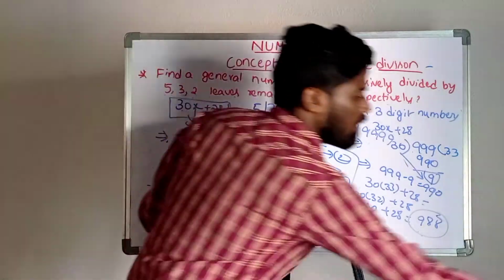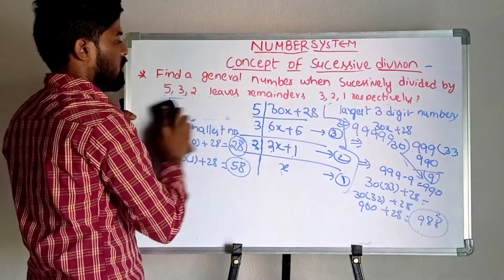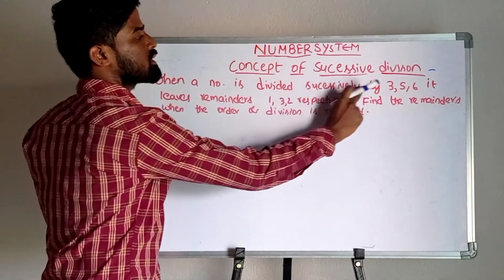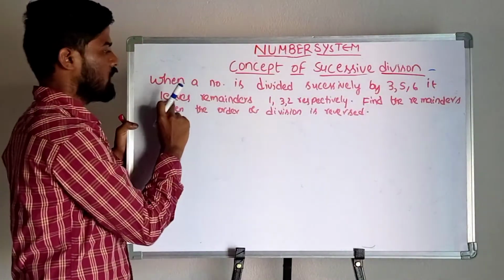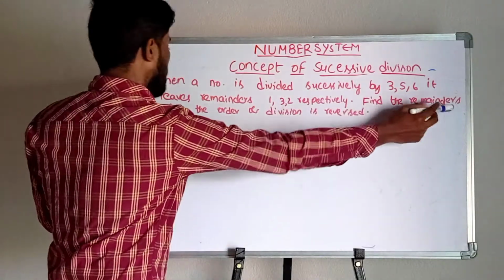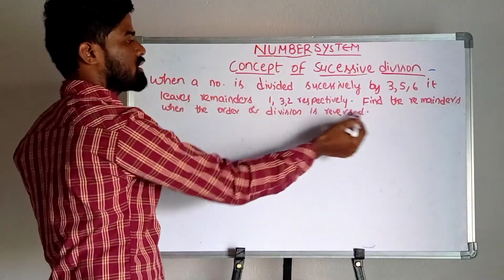Now we will discuss one more question. In this question, a number is divided successively by 3, 5, 6 and it leaves remainders 1, 3, 2 respectively. We have to find the remainders when the order of division is reversed.